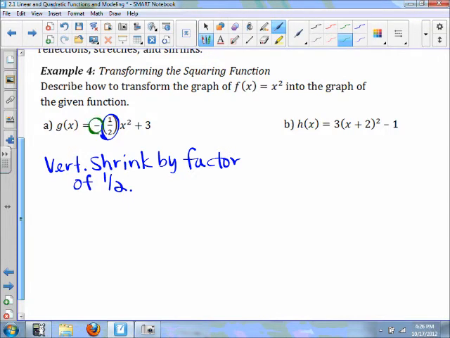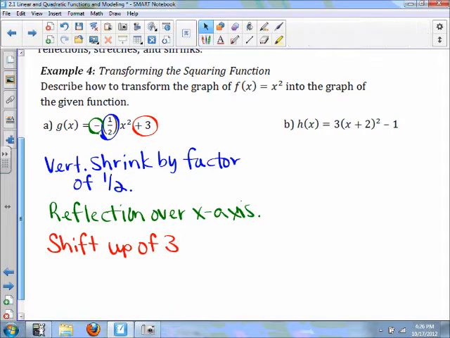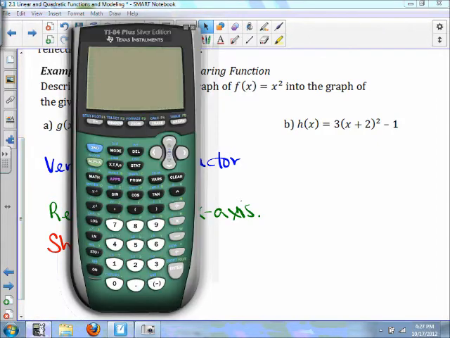We should then also see that the negative out front is a reflection over the x-axis. Then we'll also see that this plus 3 is a shift up of 3.